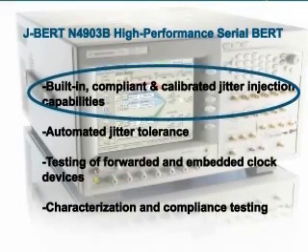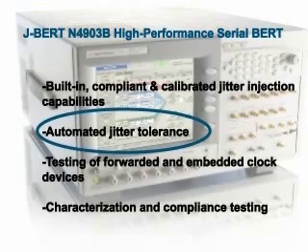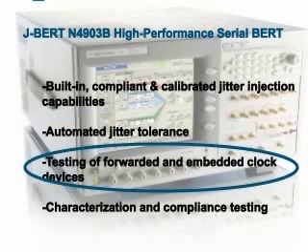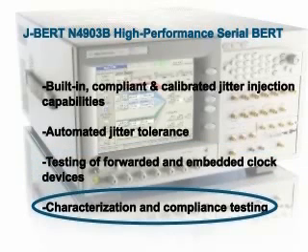This J-BERT has built-in, compliant, and calibrated jitter injection capabilities. It allows automated jitter tolerance testing. It supports testing of forwarded and embedded clock devices, and it can be used throughout the characterization phase and the compliance testing of new devices.